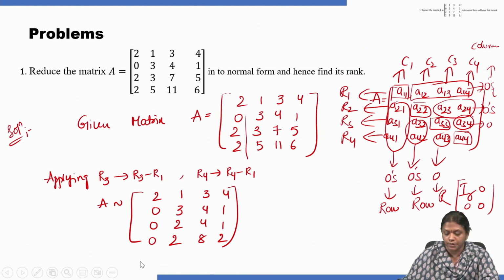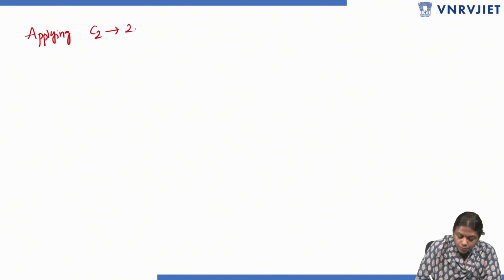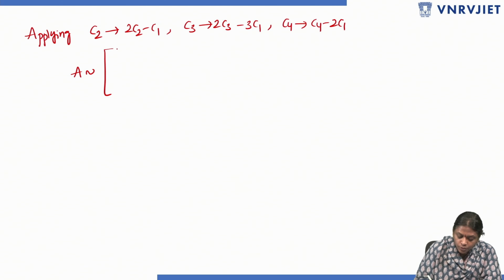Now the second I need to make with the help of column transformations. Now applying C2 tends to 2C2 minus C1 and C3 tends to 2C3 minus 3C1 and C4 tends to C4 minus 2C1. Now this is approximately equal to, now write the first column elements as it is, that is 2, 0, 0, 0.